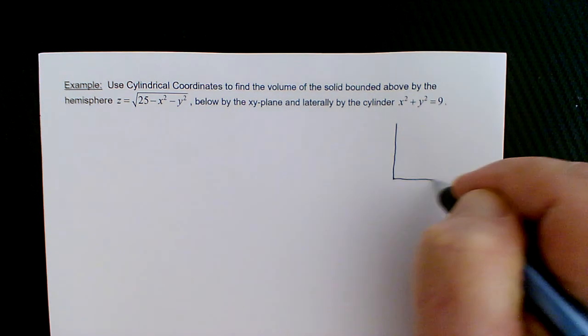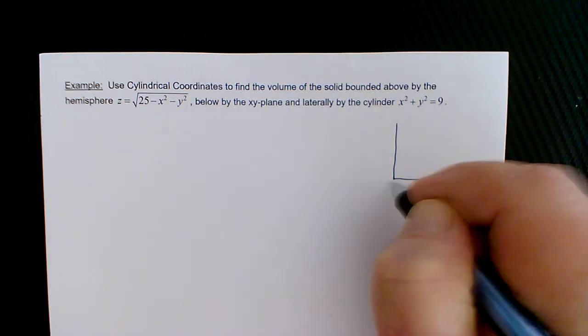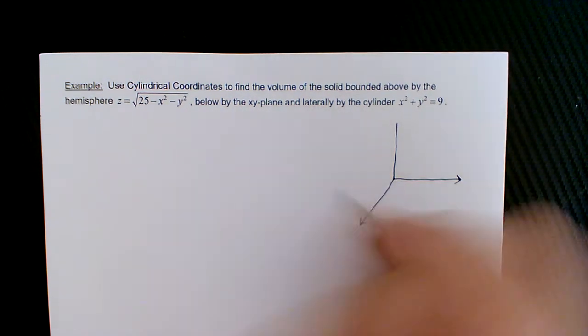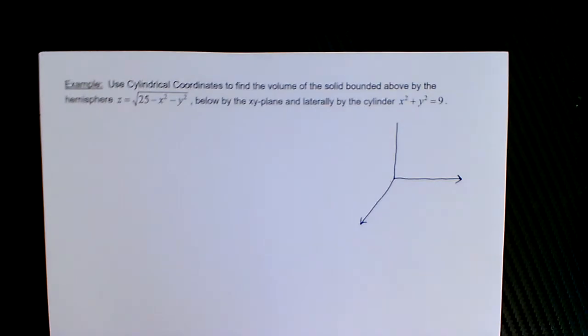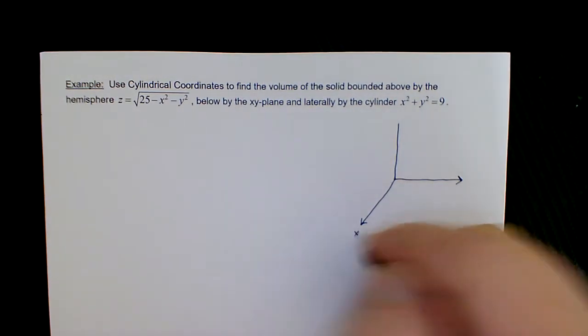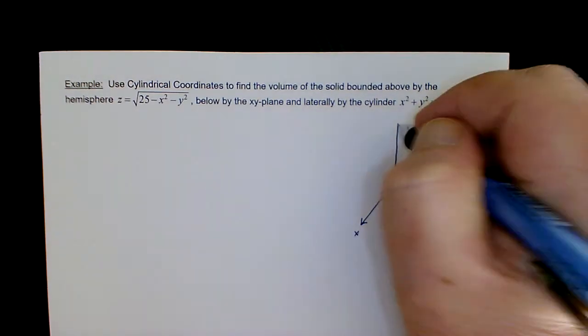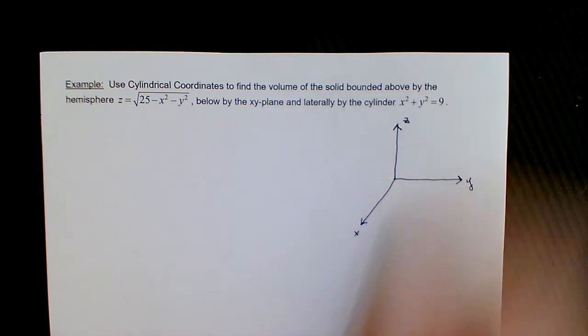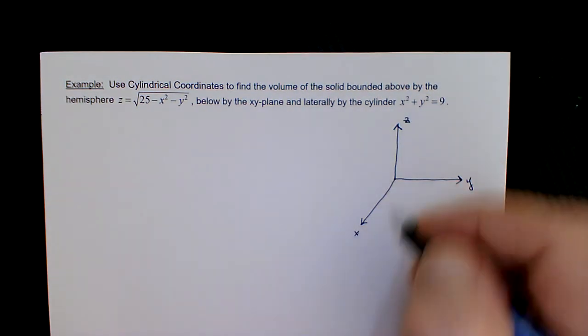So off to the side, we'll make a little graph here. We have the XY plane below, a hemisphere above, and then a cylinder.